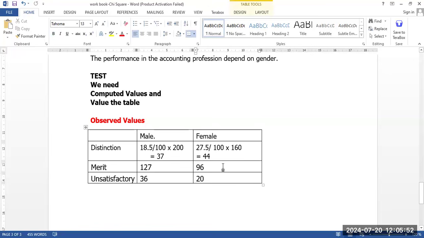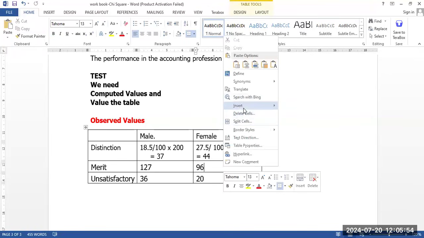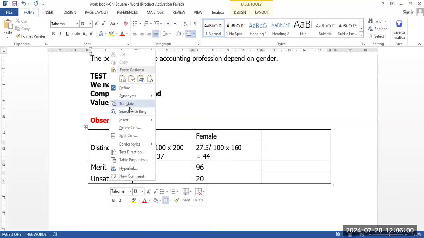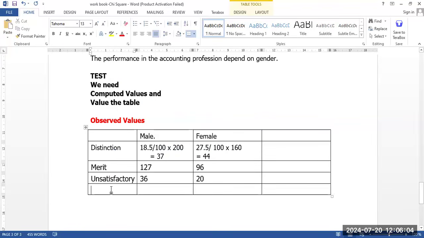So let me create a column total, then also create a row total. This is total. What do you get here? This 37 plus 44. What do you get this side? 81.